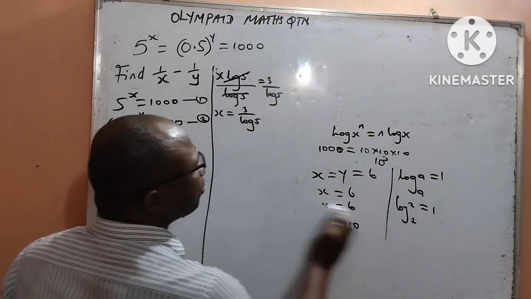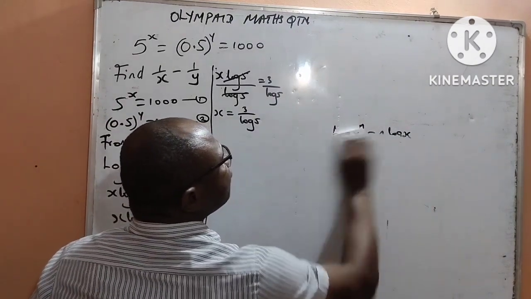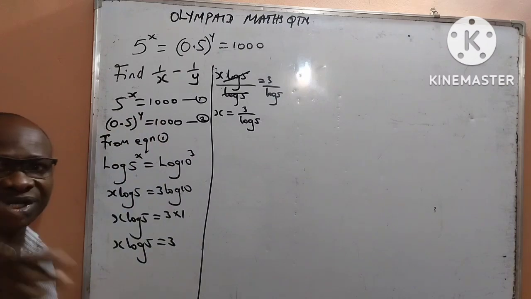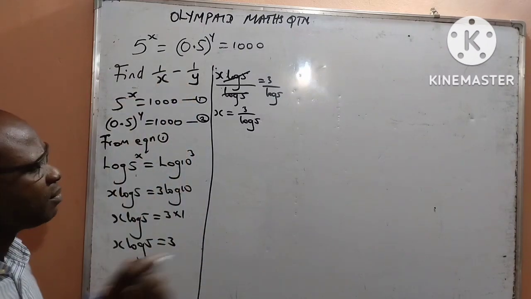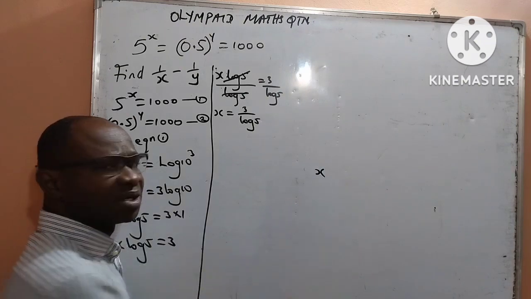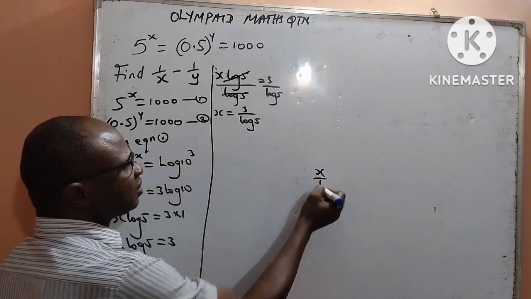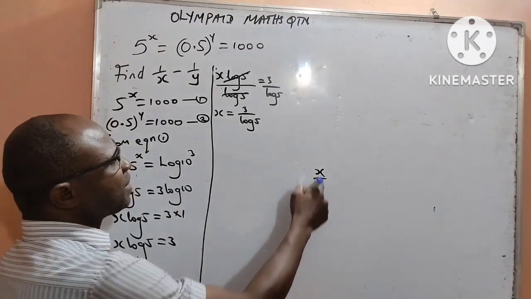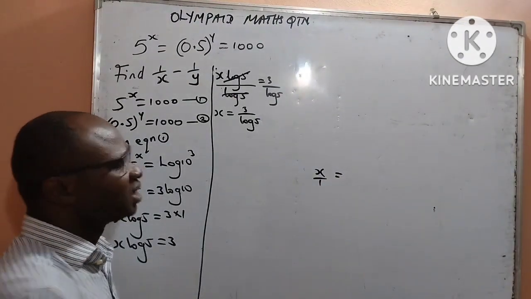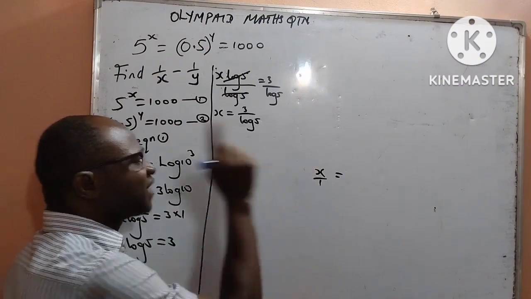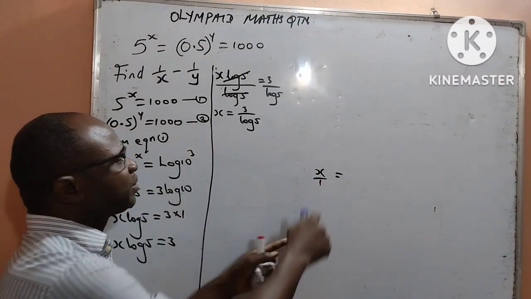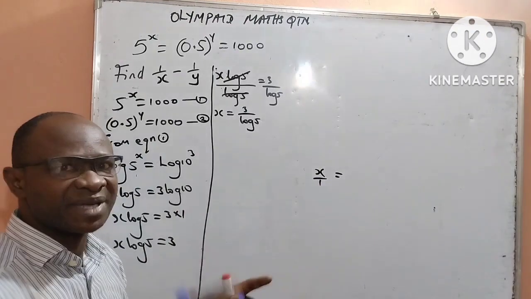But if you look very well, you will notice that what we are given here is 1 all over x. But if I give you x, it implies x all over 1. For me to make it 1 over x, it means I will take the reciprocal of x. I will take the inverse of x. I will flip x upside down.